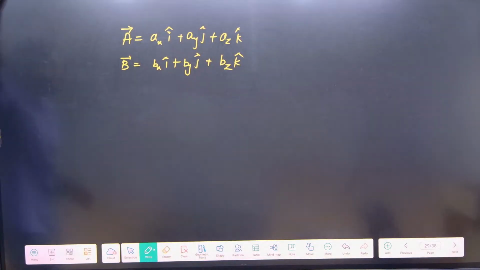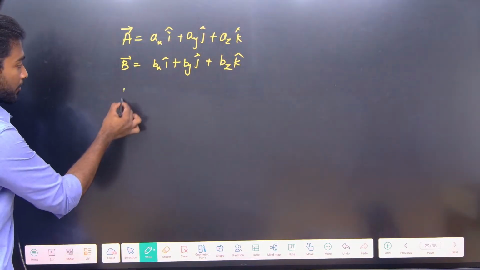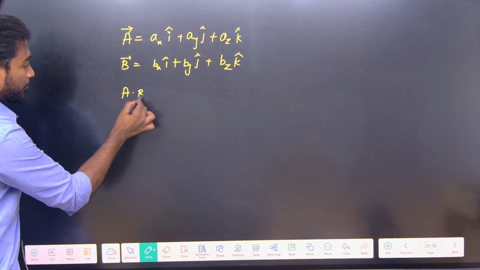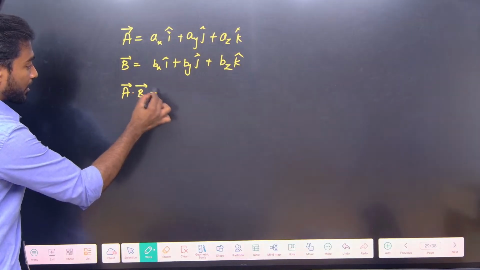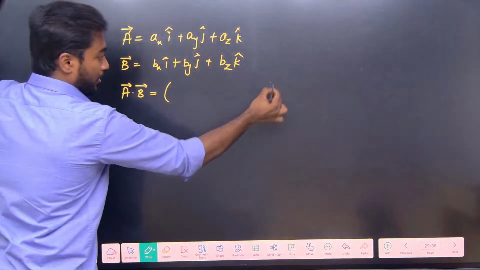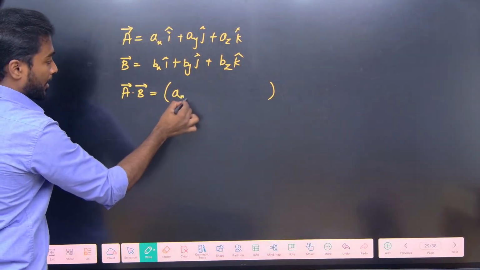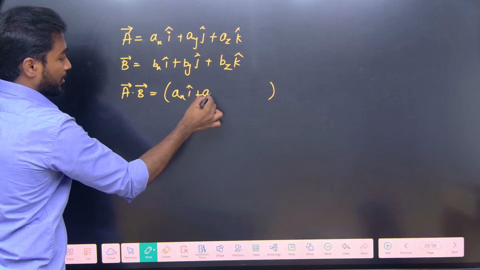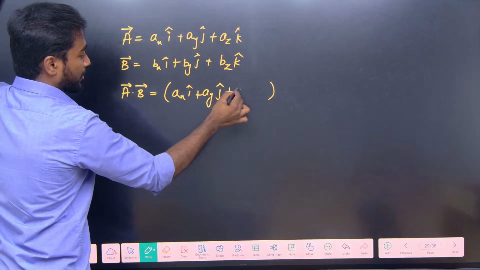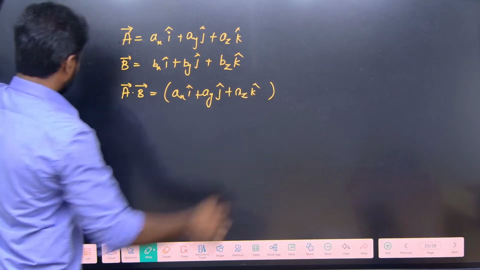When I am multiplying these two vectors using a dot product or scalar product, A dot B will give us, I need to take the whole thing, Ax i cap plus Ay j cap plus Az k cap.